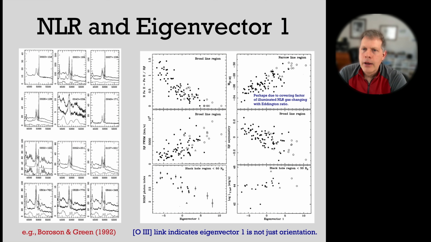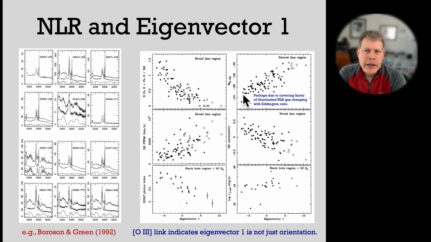And then again, the fact that at rather similar luminosity, as you can see, you can have a wide range in O3 luminosity may be due to the covering factor of the illuminated NLR gas changing with the Eddington ratio, such that as you dial up the Eddington ratio, which corresponds to this end of eigenvector 1, the strong iron 2 end.